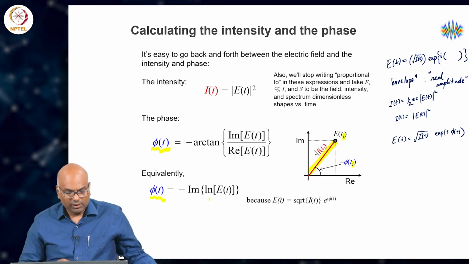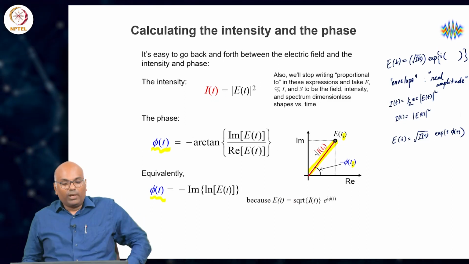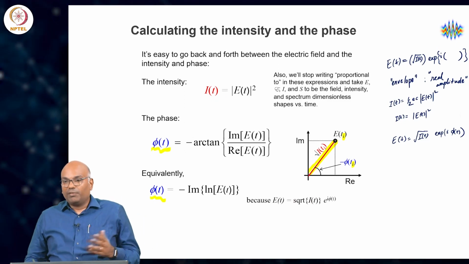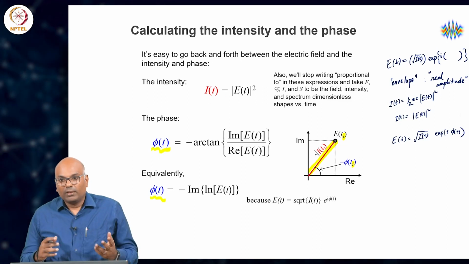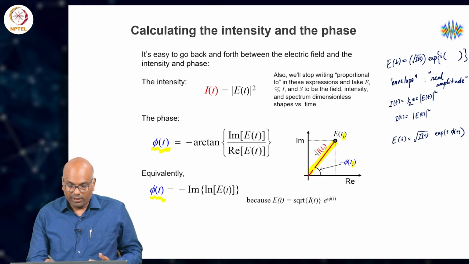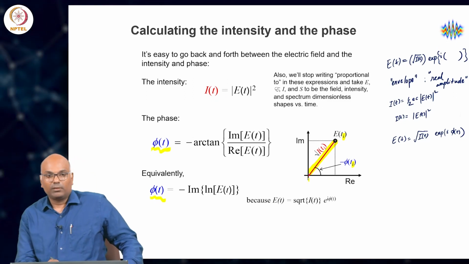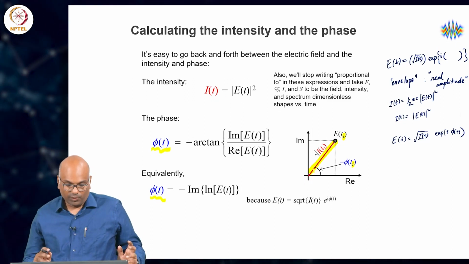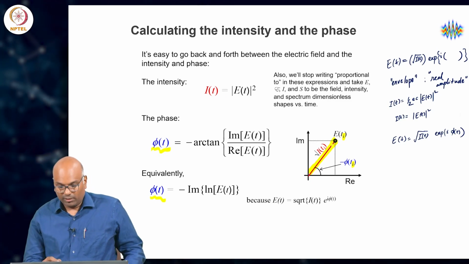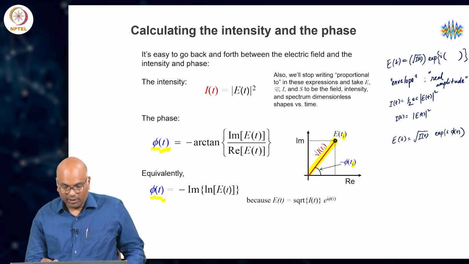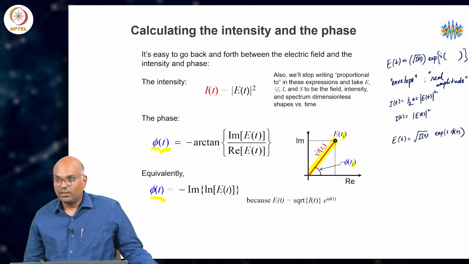The essential aim is to correlate intensity to the electric field the way we have defined it, rigorously, and the phase function to the electric field. In other words, if I somehow measure the field, the full complex quantity, of course you can't measure a complex quantity as such in the real world, but if I have knowledge of this quantity, I can take out the intensity and phase from it.